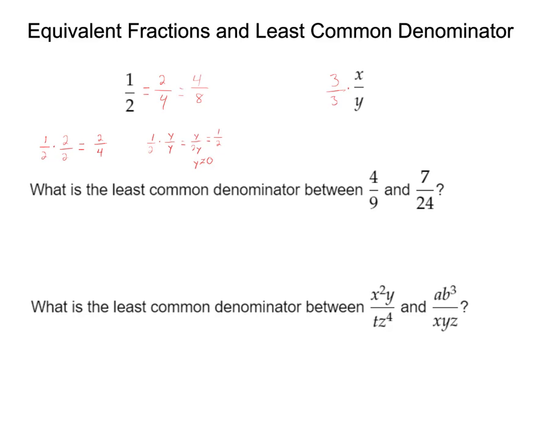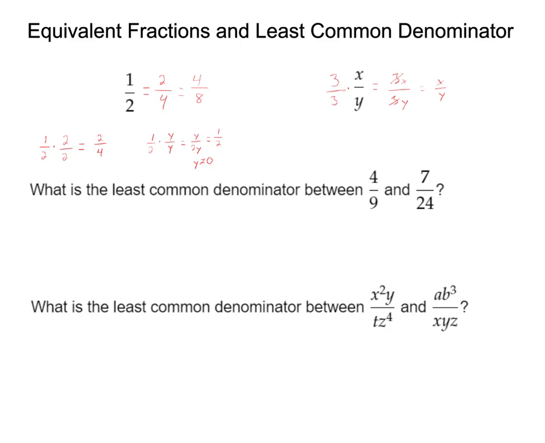So 3/3 times x over y is going to be 3x over 3y, and 3x over 3y is going to be equivalent to x over y. And we can see the 3's would cancel here, which is why those are equivalent statements. So we cancel those, and you'd see that x over y equals x over y.